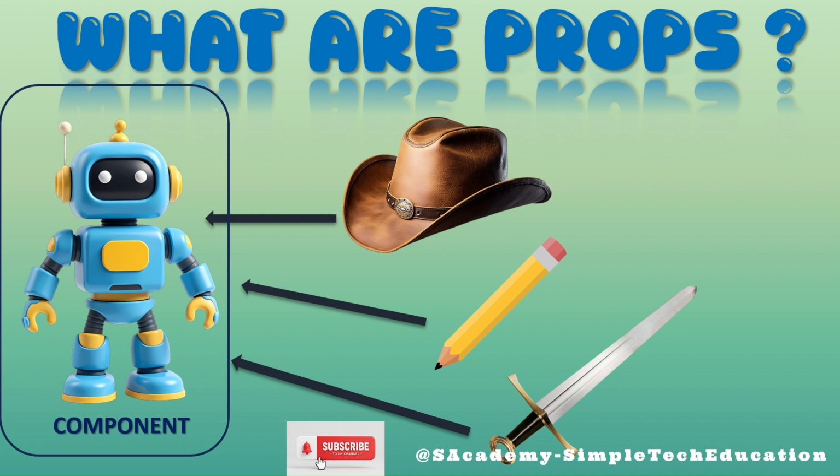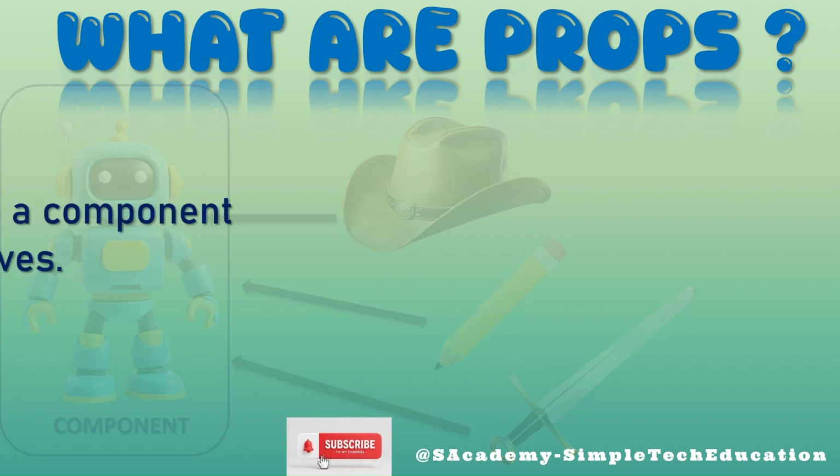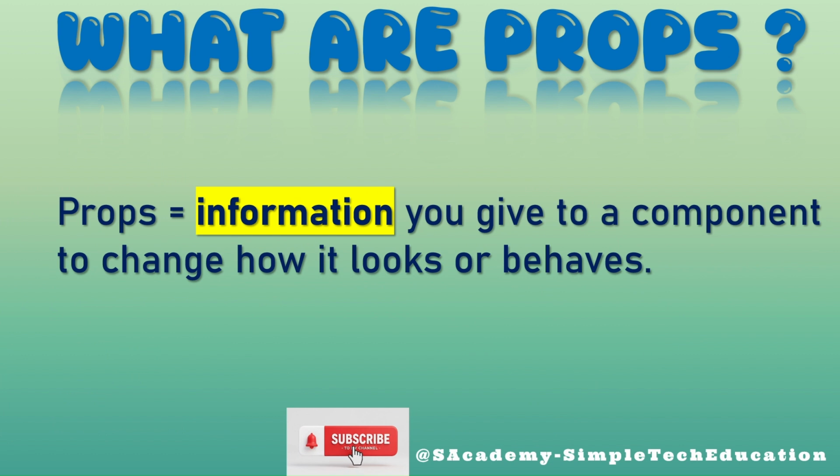These accessories are like props, and the robot acts as a component. So the final definition may be: props is nothing but information you give or pass to a component to change how it looks or behaves. That means you are passing data from a parent component to a child component.